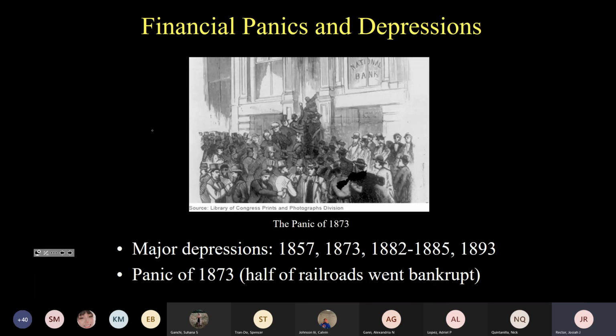The Panic of 1873, like many financial panics of the Gilded Age, was caused by railroad speculation. Specifically, it was caused by the failure of the Northern Pacific Railroad and the J. Cook Company. So the J. Cook Company was the biggest financier of the Union military effort during the Civil War.